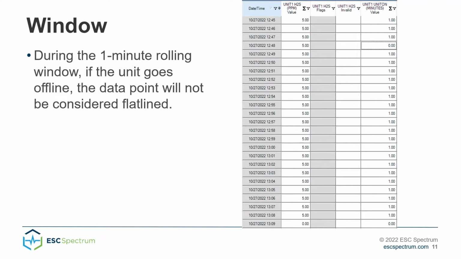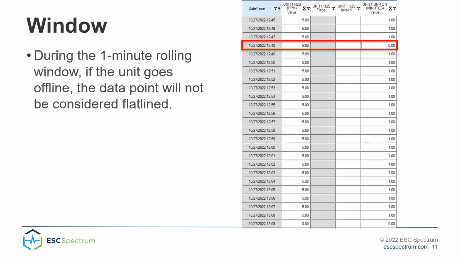We can see that hour 13, because each one of those data points in the start of hour 13 is looking back into hour 12 for its window. It sees that there was an offline period, and so it's not being considered flatlined because it's not meeting that window criteria. In this case, I had the window set to 30, so it would look back from minute 1300, 30 minutes, and say, okay, that minute 12:48 here, the unit on parameter was 0.